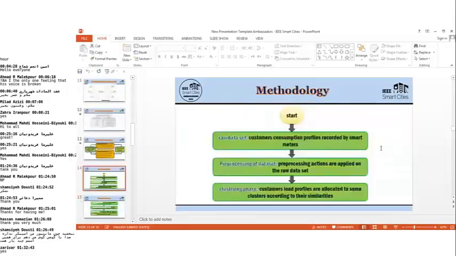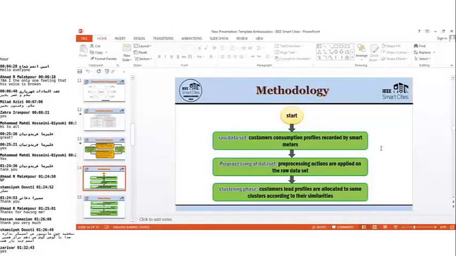Okay, the methodology used in this study is as shown in the picture. In the first step, we should gather raw data from different data sources, as mentioned. This is customer consumption profiles recorded by smart meters, as I mentioned before.